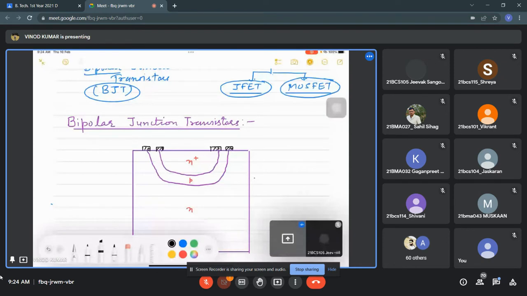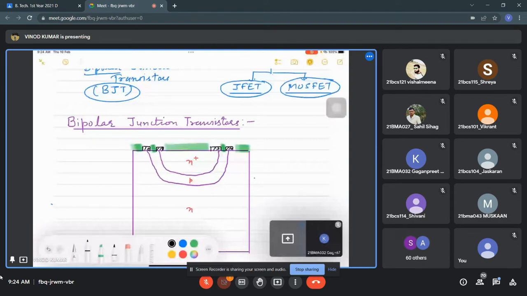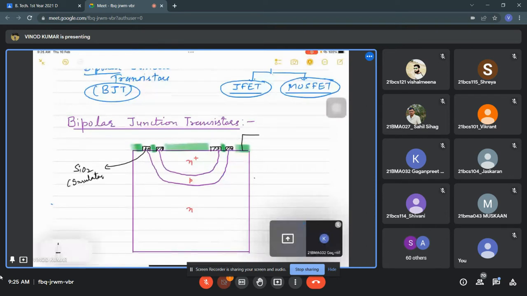If I say, right? अब ये क्या है? This is silicon dioxide. Okay. ये एल्युमिनियम के बने होंगे. This one is nothing but this is aluminium.